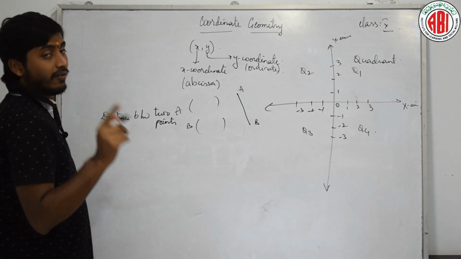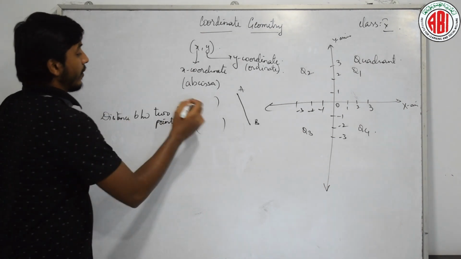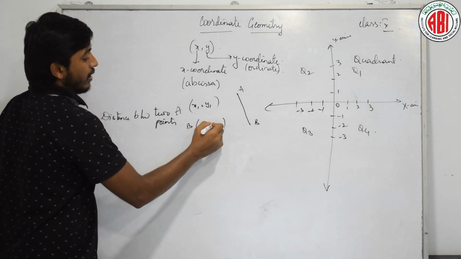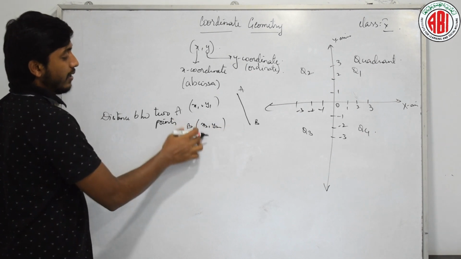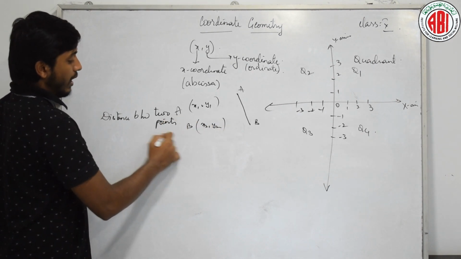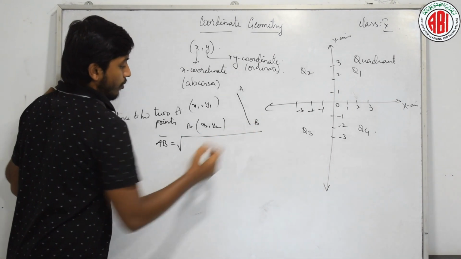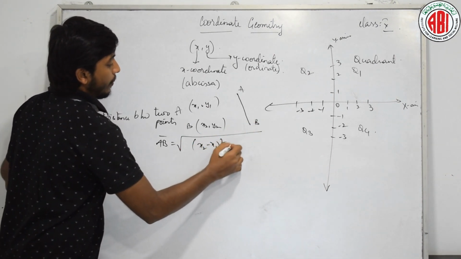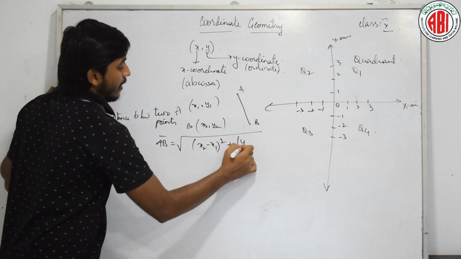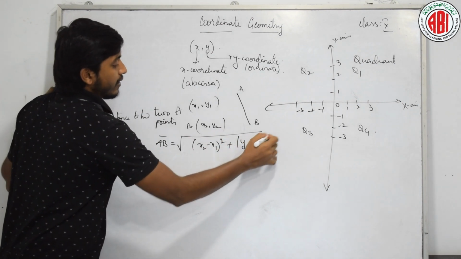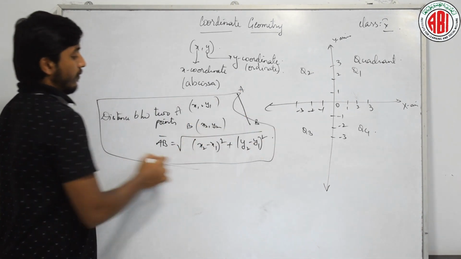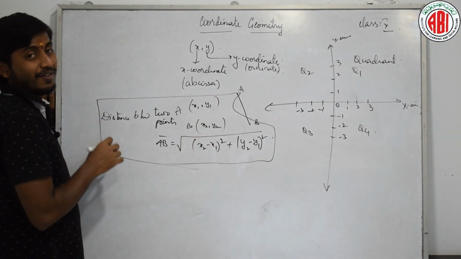We always use the term points. Let us assume x1 comma y1 and x2 comma y2 are the 2 points. Then the distance between these two, AB, is given by the square root of the difference of x coordinates squared plus the difference of y coordinates squared. Now look here once again, what is the formula here?